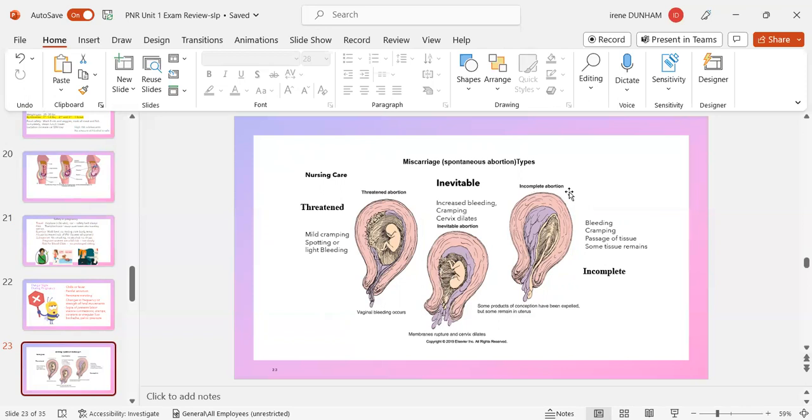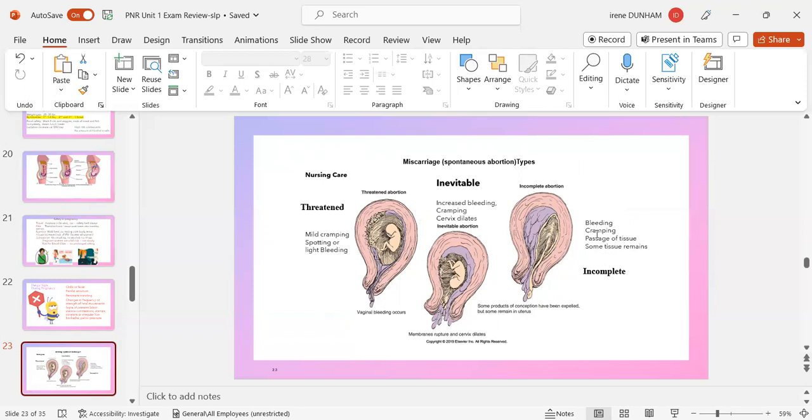And then you have incomplete abortion, where you have bleeding, cramping, and the passage of tissue. What happens with this is that she doesn't pass everything, so there's a lot of tissue still up in the uterus. So it's called incomplete.